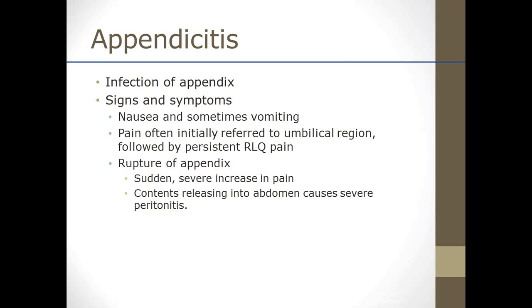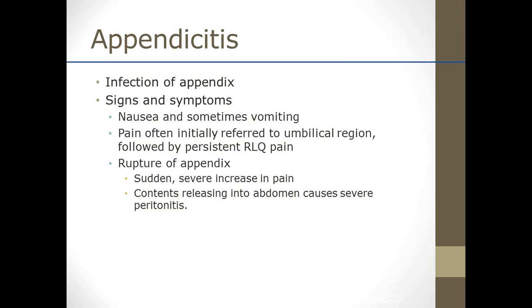Low-grade fever, if it's been going on for a while, but specific to the appendix, they're going to feel nauseous, and they may be vomiting, and they may be vomiting a lot. So pay attention to that.